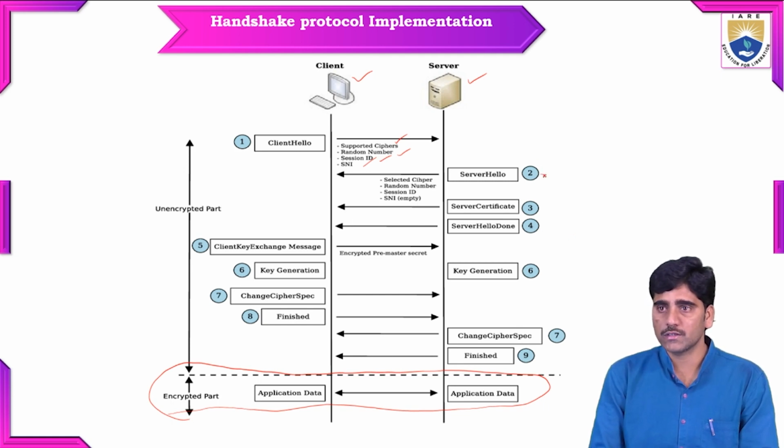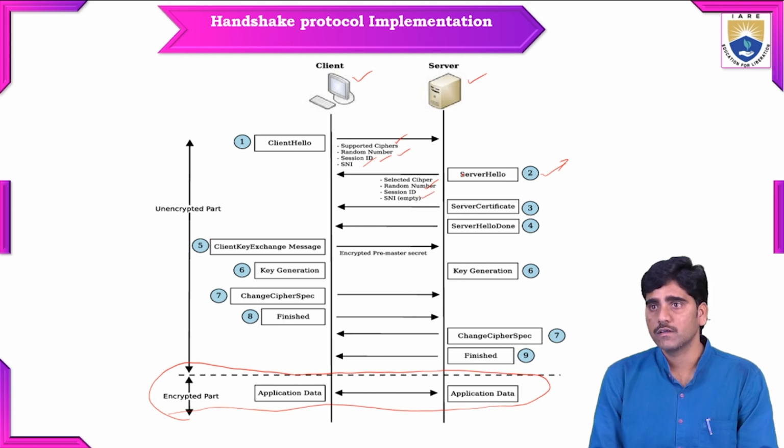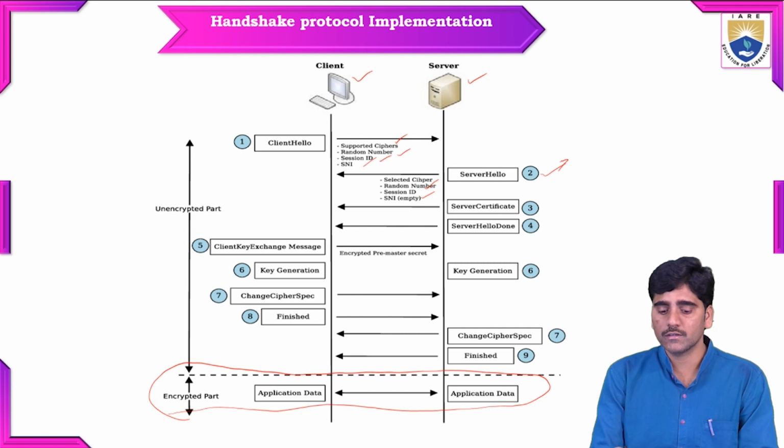Now the server gives a response to the client with its security capabilities like selected cipher, random number, session ID, and SNI, serial number index. Both initiate the connection between client and server with the client hello and server hello.